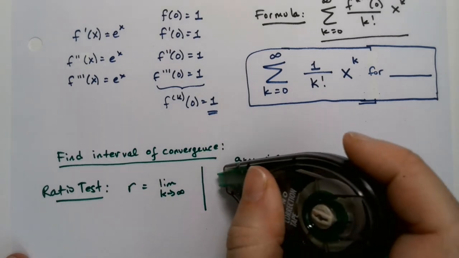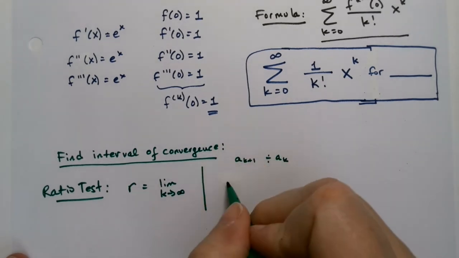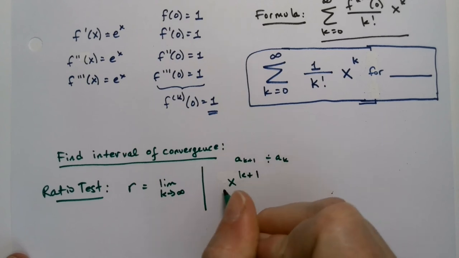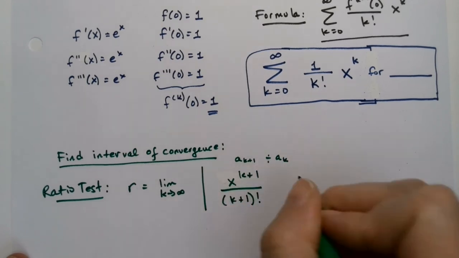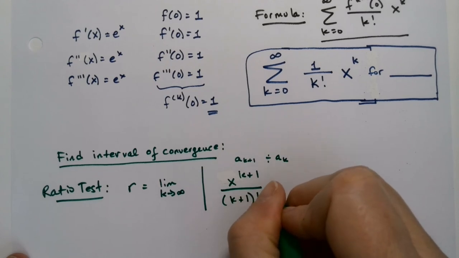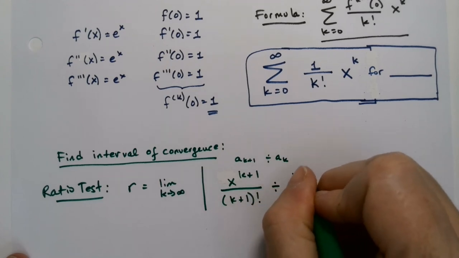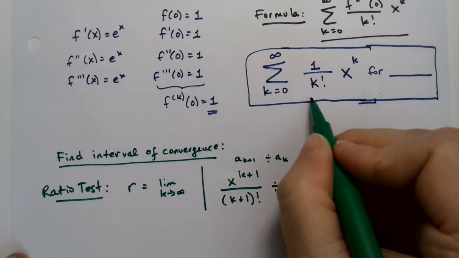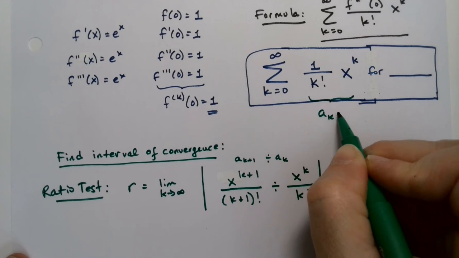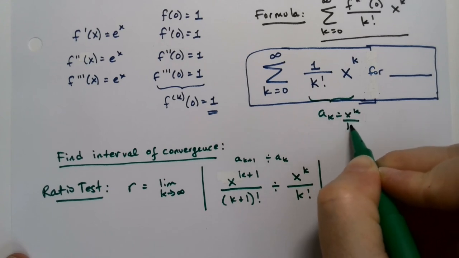I'm doing this right, not x plus 1, x to the k plus 1, over k plus 1 factorial. And then we're going to divide that by x to the k over k factorial, because that's what a sub k is. A sub k is x to the k over k factorial.